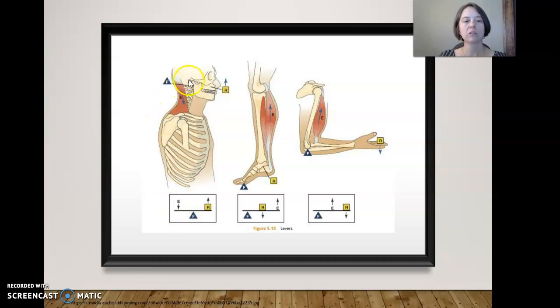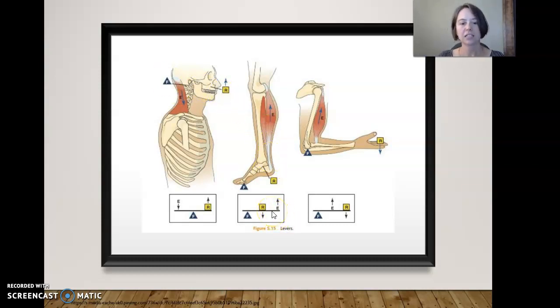Some muscles are first class levers, where your joint is the fulcrum, the resistance is the weight of your head, and the effort is supplied by the contracting muscle. So if you contract the muscles at the back of your neck, and we'll get into those in a minute, then your neck, your vertebrae, and your skull joint are the fulcrum, and your head goes back.